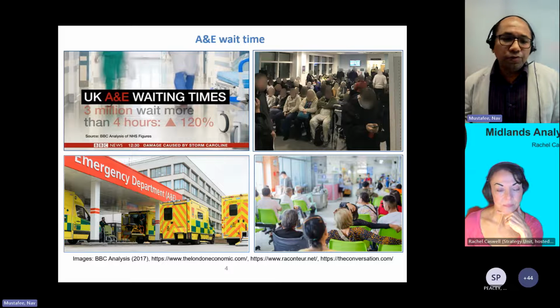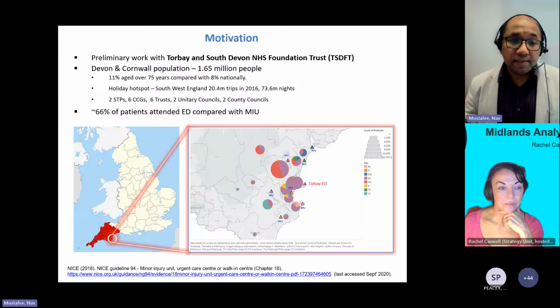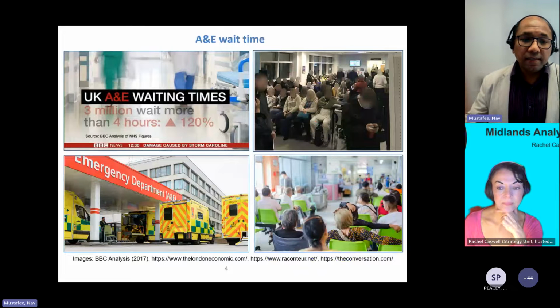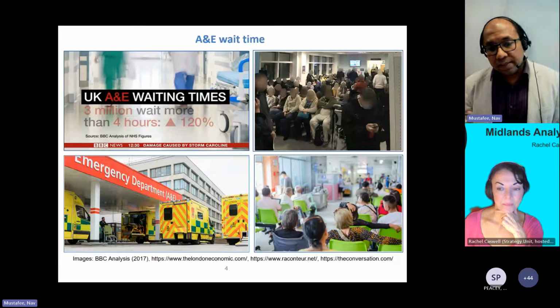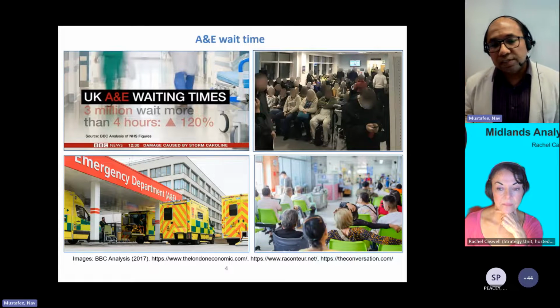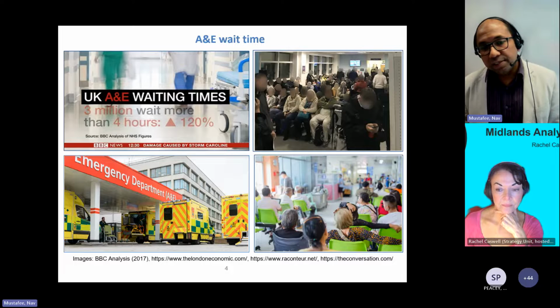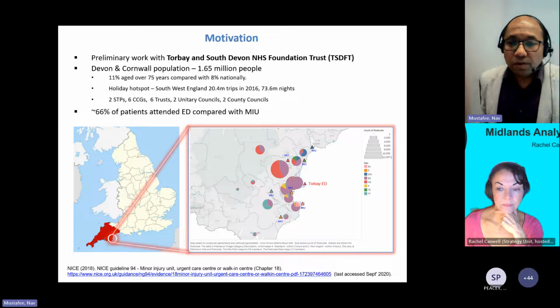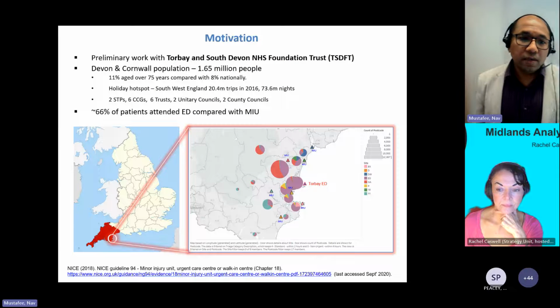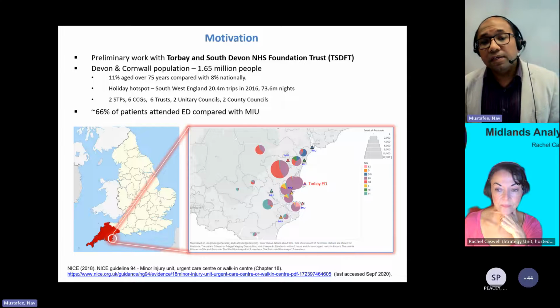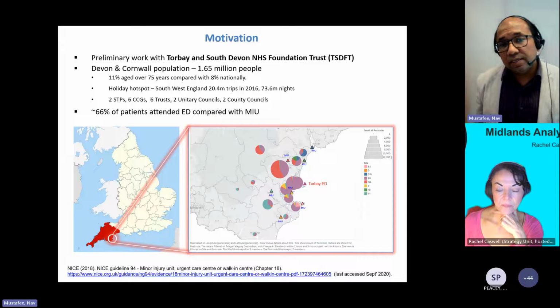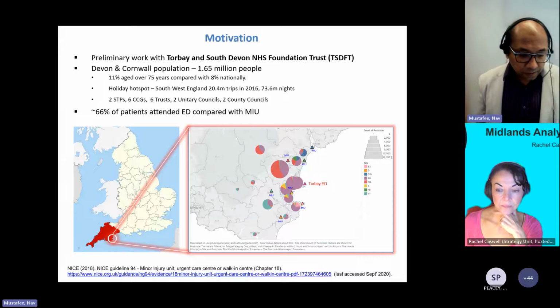I'll show you some data, maybe in the next slide, to show how the whole urgent care network performs if you take into consideration not only A&E, but also the minor injury units. I'll then start with the motivation of the work. As I mentioned, we started the work with Torbay and South Devon NHS Foundation Trust.